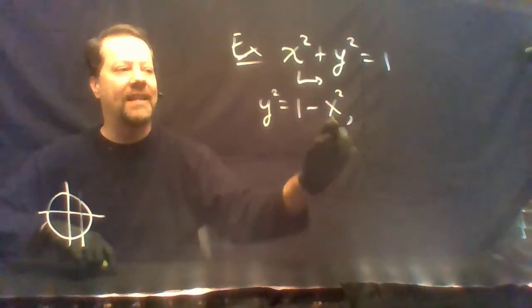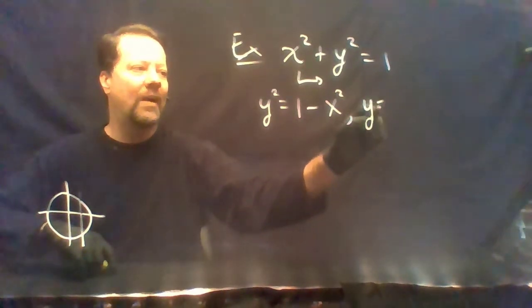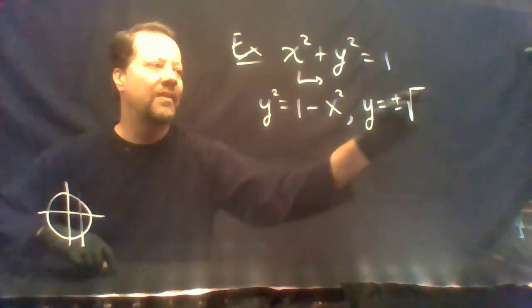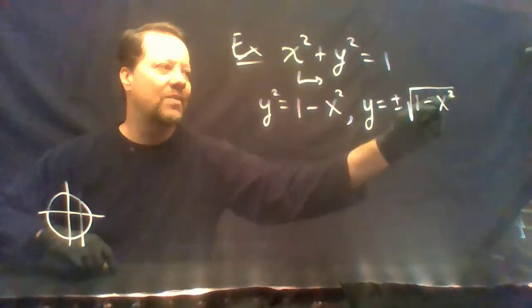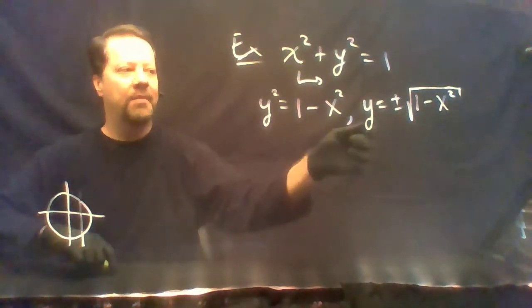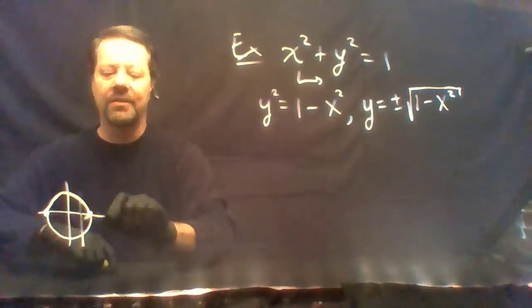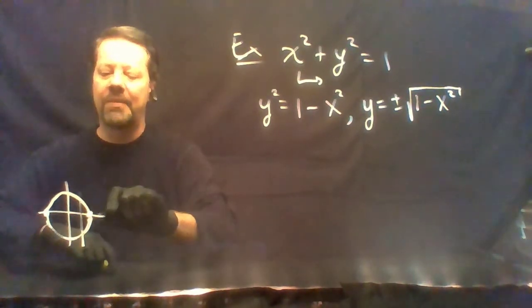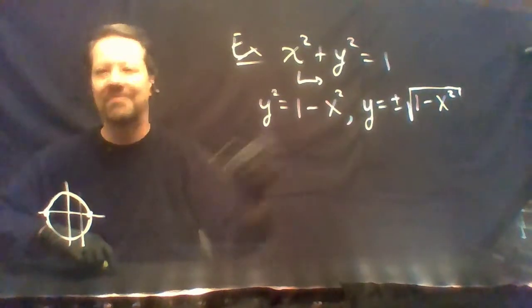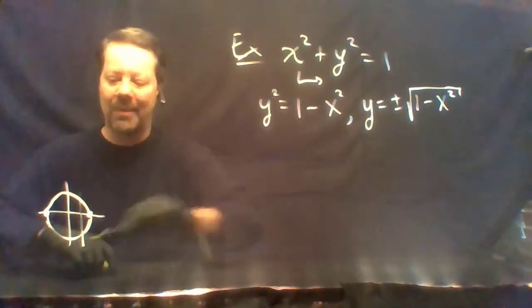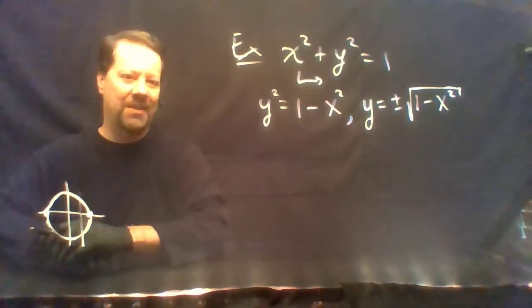And when I take the square root, I get y is plus or minus the square root of 1 minus x squared. The plus part gives us the top semicircle, and the minus part gives us the bottom semicircle.